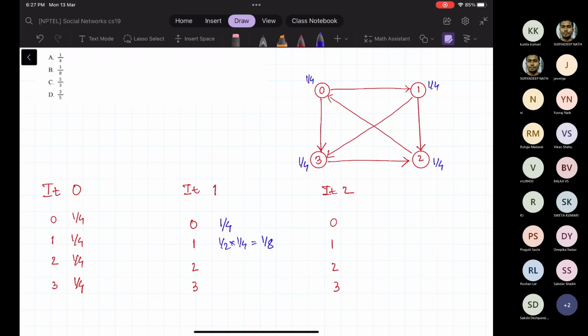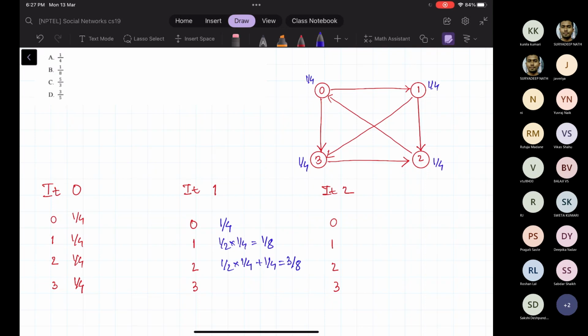Half of 1/4, that is 1/8, comes from node 1 and 1/4 comes from node 3. So you get 3/8 in total.